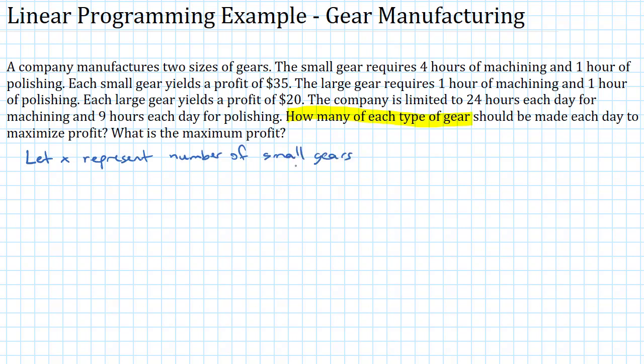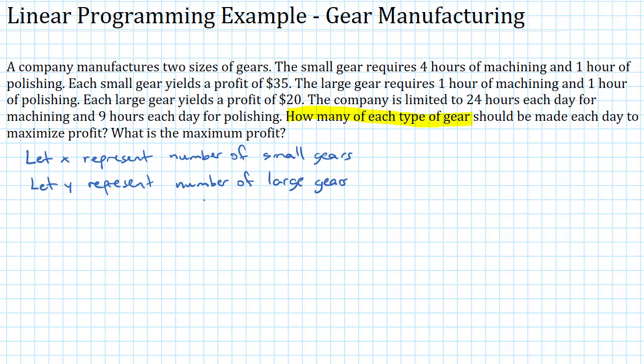And really that's how many small gears are manufactured each day, but this is sufficient. Let x represent the number of small gears. Let y represent the number of large gears. So we're trying to figure out what x and y are to maximize the profit.